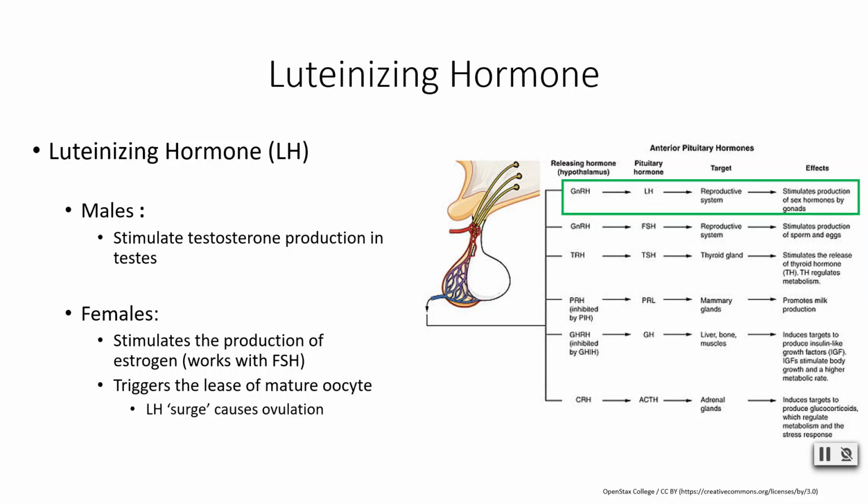This causes ovulation. So around day 14 of the menstrual cycle, LH just floods the system. It surges in secretion. This actually triggers ovulation. That egg that we have been growing finally pops out of its little follicle, and it heads down the reproductive system, and it may or may not come into contact with the sperm.